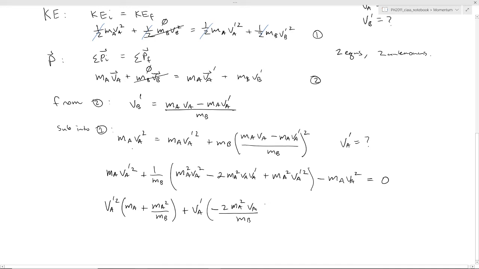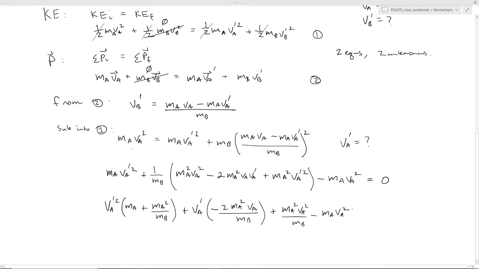And that's actually the only place where the terms of VA prime appear. And then everything else, we would have MA squared VA squared over MB minus MA VA squared.